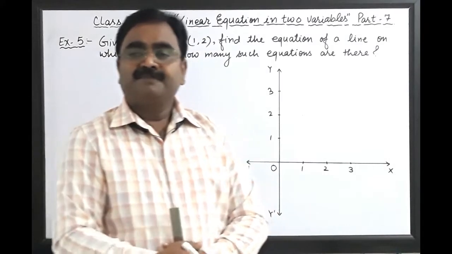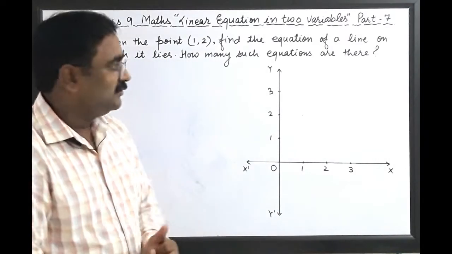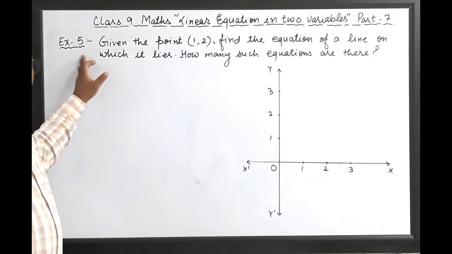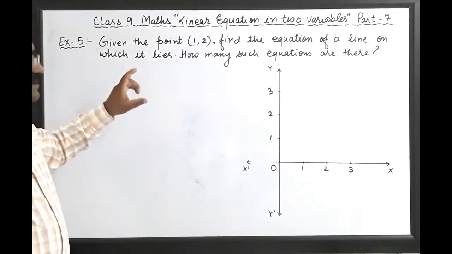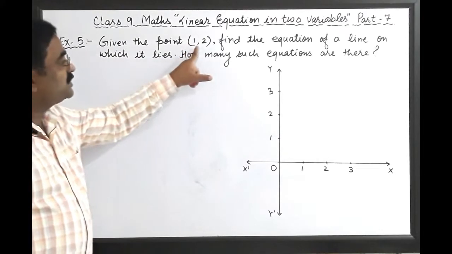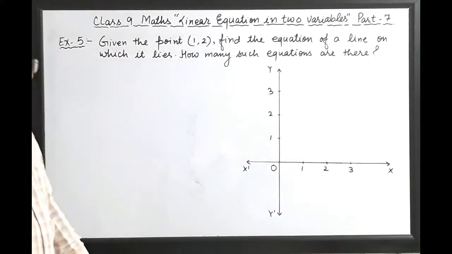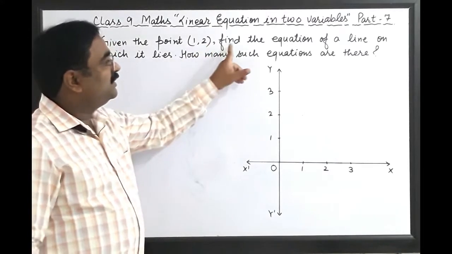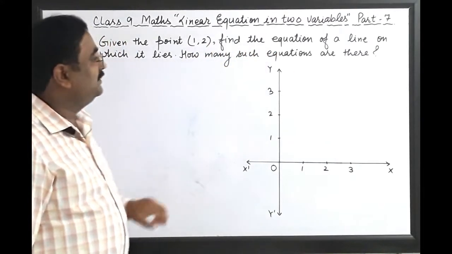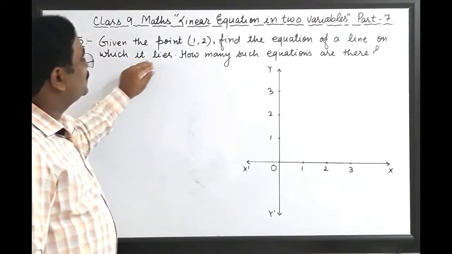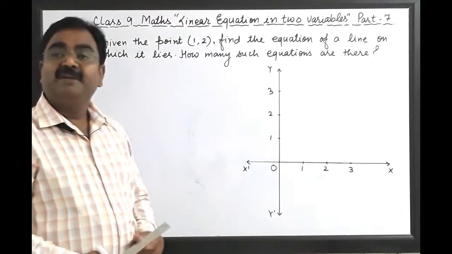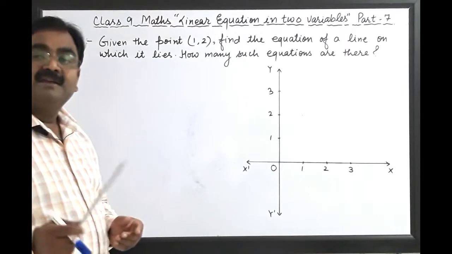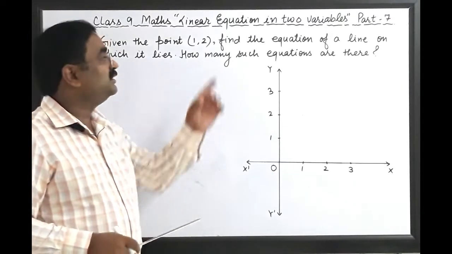Okay dear friends, the example number 5 of your textbook we have taken, and this example is given the point 1, 2. This is the point which is given. Find the equation of a line on which it lies. हमें उस लाइन का इक्वेशन फाइंड करना है that on which this point lies.